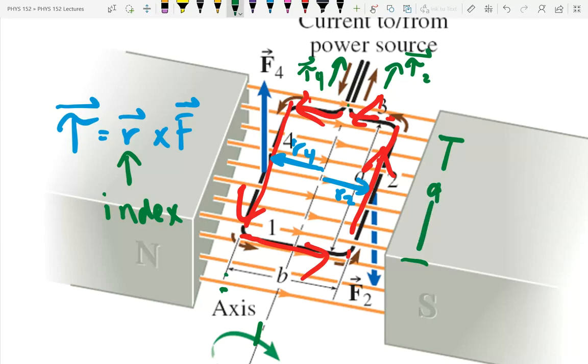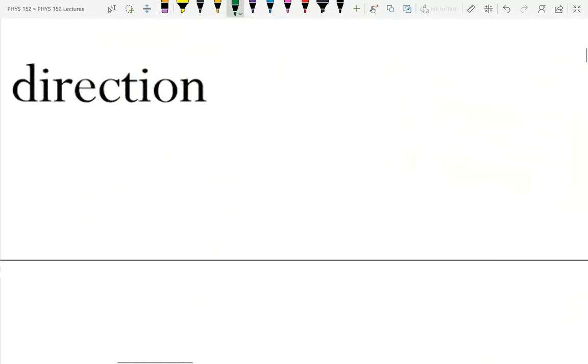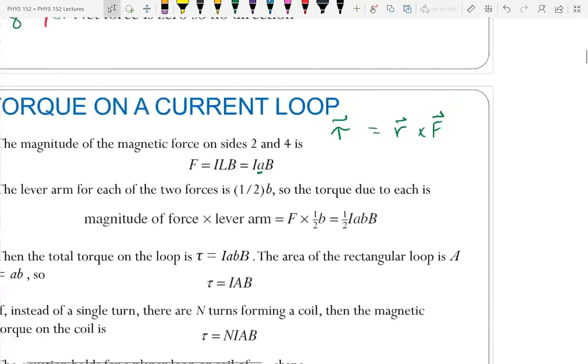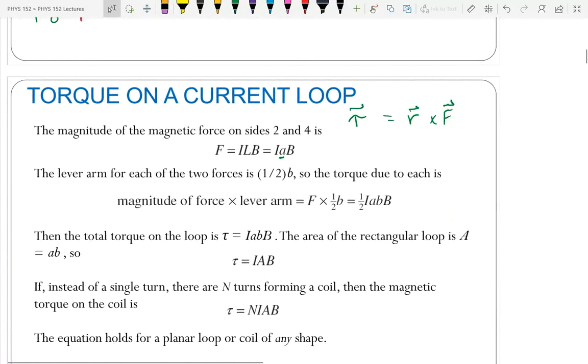A was the distance in that direction. So that means that A was the length, so just replace L with A, and the force on each of the two sides had a magnitude of IAB. The directions were opposite, that was the magnitude.